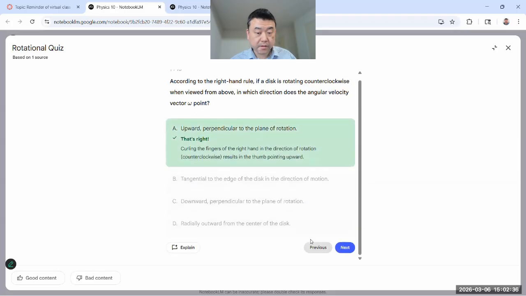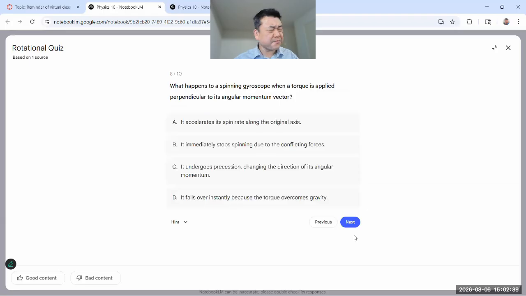That's probably too technical of a question. I don't think I would ever ask you that question. Spinning gyroscope and a torque is applied perpendicular to the angular momentum vector. I guess it'll begin to precess, undergoes precession.